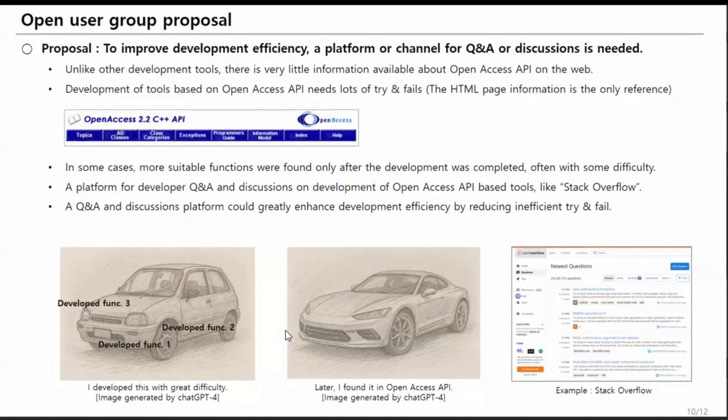Instances like this demonstrate how a lack of information can lead to laboriously implementing something without knowing that a better feature already exists. Therefore, it would be great to have a channel or platform where OpenAccess API developers can discuss or engage in Q&A, similar to Stack Overflow. If developers can effectively find the features that they want, it could reduce inefficient trial and error.